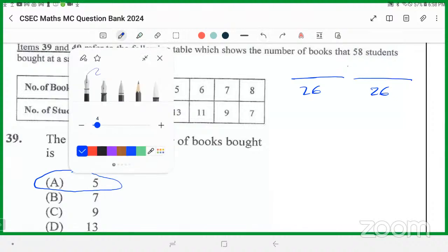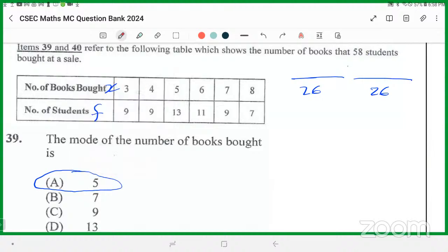So the median is the average of the 29th and the 30th. The last of the bottom half and the first of the top half. You're averaging the number of books bought by the 29th and the 30th student.